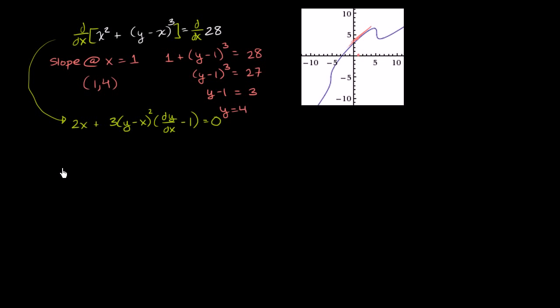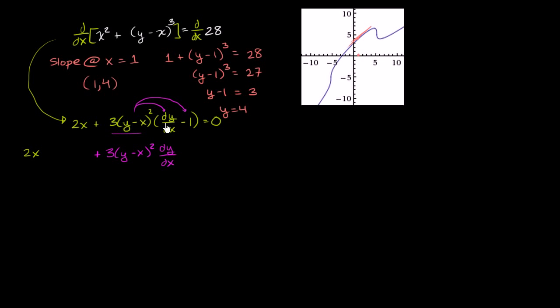Now we need to solve for dy/dx. So we get 2x. And so if we distribute this business times the dy/dx and times the negative 1, when we multiply it times the dy/dx, we get, and actually I'm going to write it over here, plus 3 times (y minus x) squared times dy/dx.